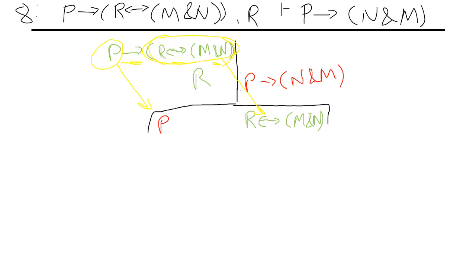So now let's focus on this part of the tree. Again, we have parentheses telling us that that side goes with this side. So our main operator is the double arrow. What makes a double arrow true?